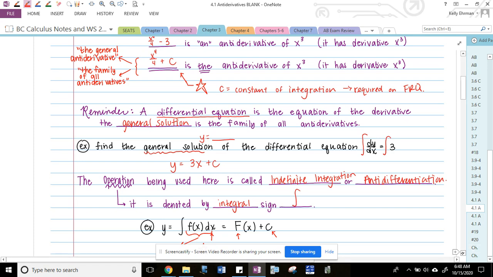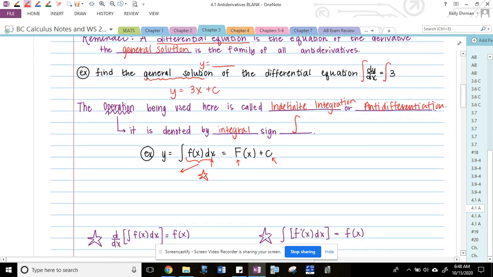All right, so here's what an antiderivative or an indefinite integral looks like. y equals, here's my integration symbol. This f of x dx expression here is called the integrand. And this little dx part, you have to have that.